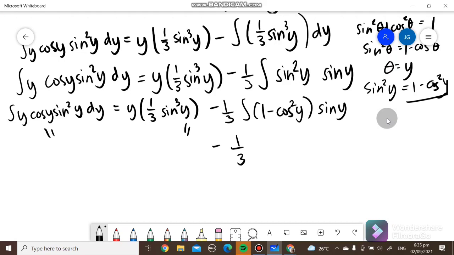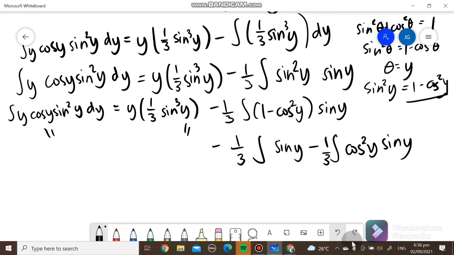So, we have 1/3 the integral of sine y minus 1/3 the integral of cosine squared y sine y. This first one is already integrable. The integral of sine y is negative cosine, so it becomes positive. We will have positive 1/3 cosine y.